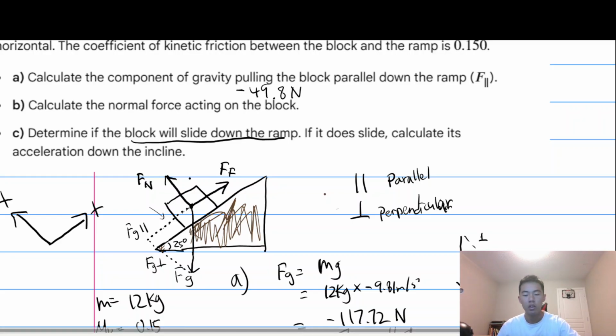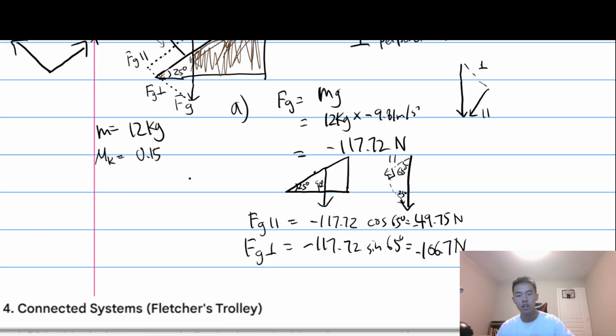Now calculate the normal force. Sure, I will. Normal force, because it's resting, right? And because it's not going anywhere on the perpendicular axis, this would mean that force gravity perpendicular is equal to force normal, in magnitudes, of course.